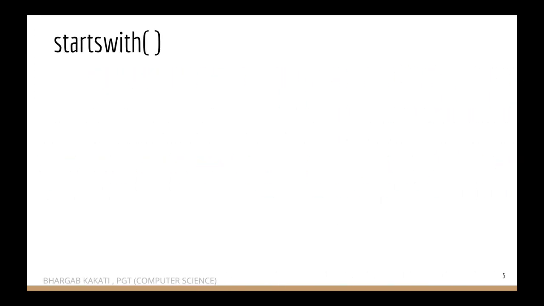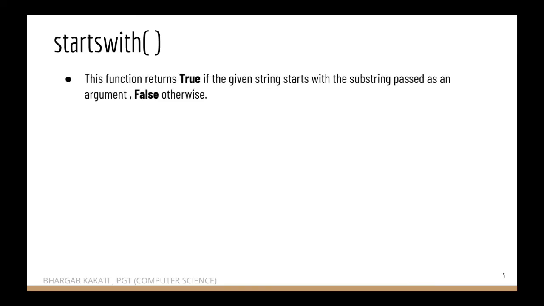Let's move to the next function, that is the starts with function. What it does, this function returns true if the given string starts with the substring passed as an argument, false otherwise. Now if you give a string and it starts with a particular substring, and you put that substring as the argument, then it will return true.